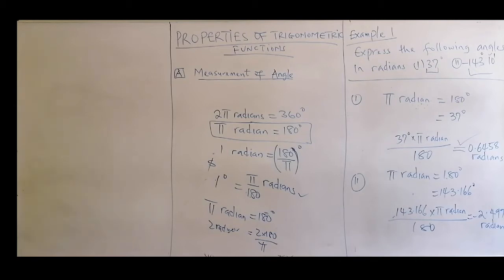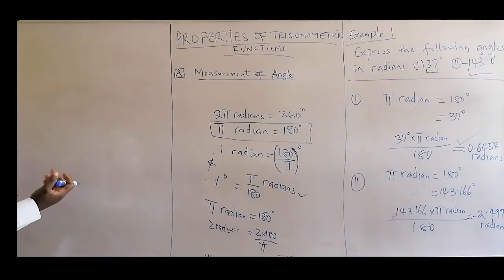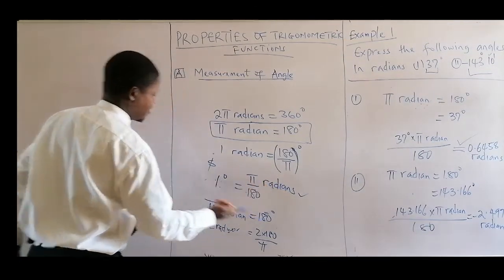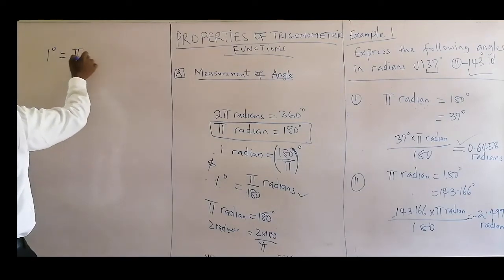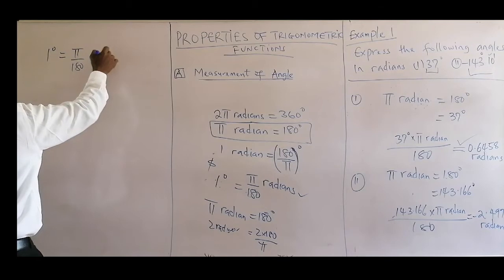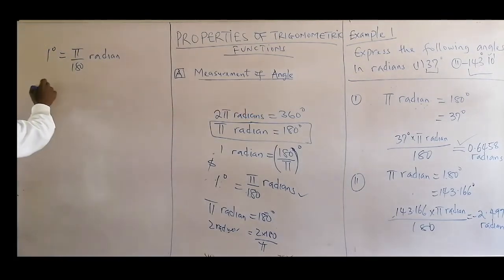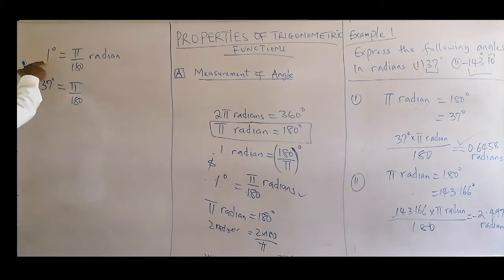And I want to buttress on 1 degree equal to pi over 180 radians. It's very simple. You have a value in degrees and you're taking it to radians. If 1 degree is equal to pi over 180 radians, like the first one you have there, 37 degrees is equal to what?